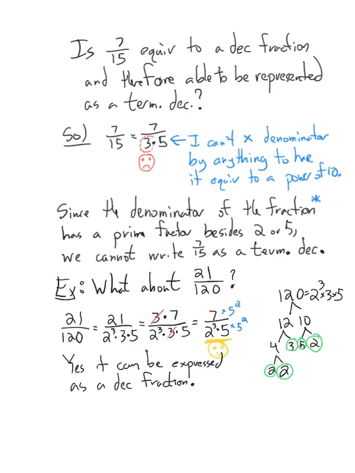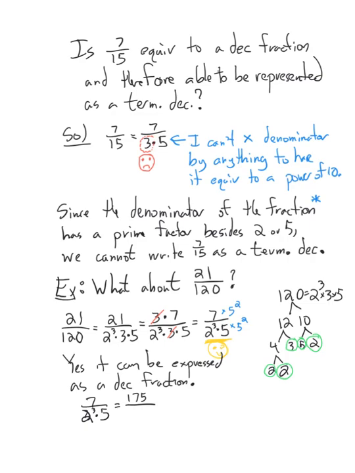So we get that 7 over 2 cubed times 5 is equivalent to, well, 7 times 25, you can check, is 175. 7 quarters is $1.75.